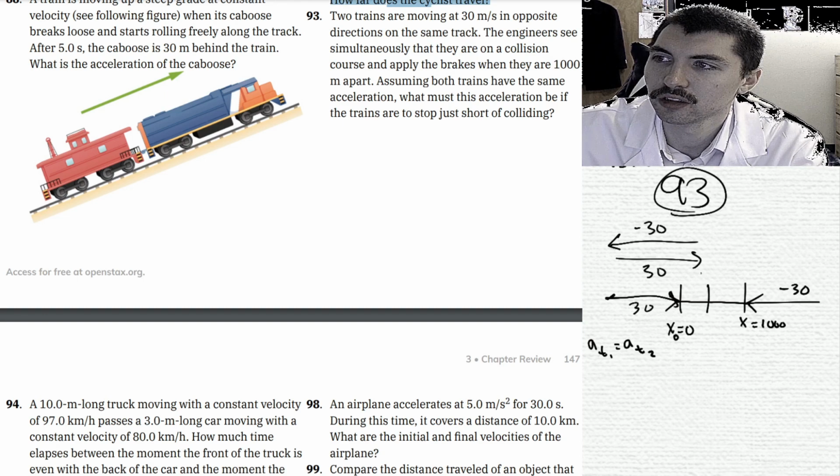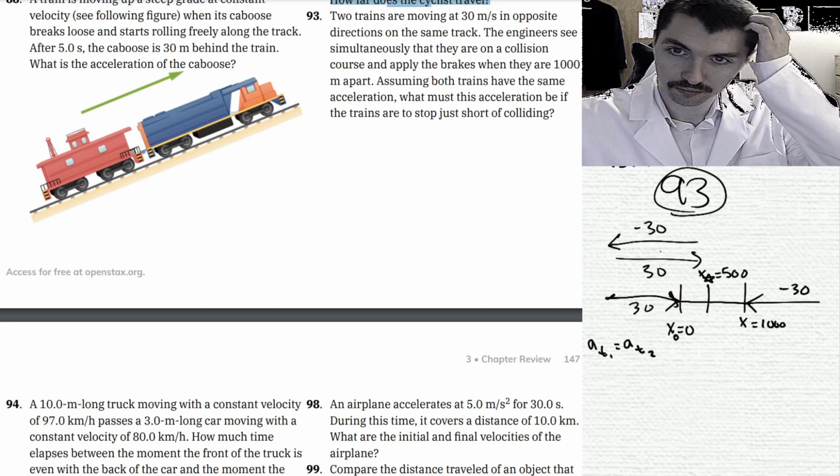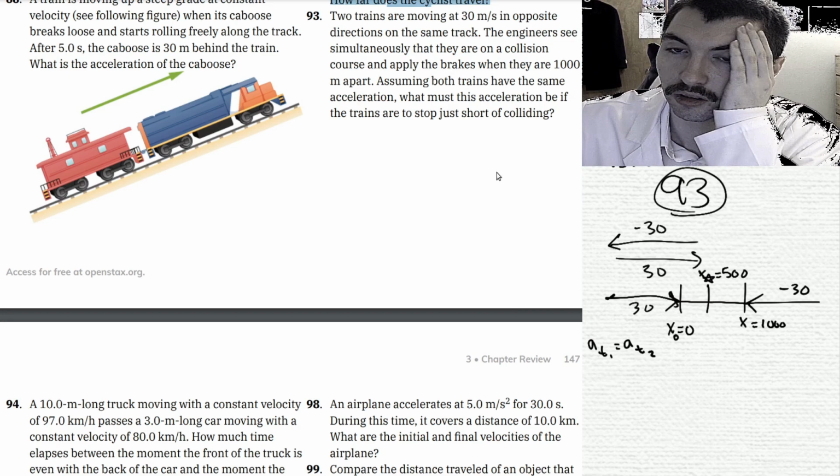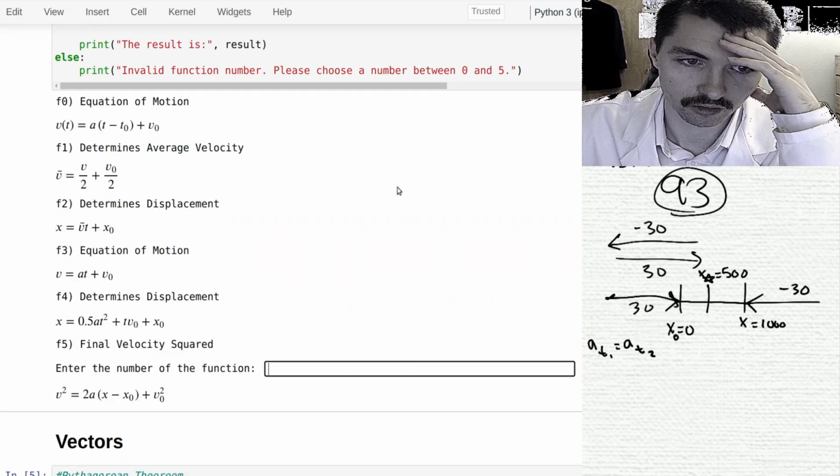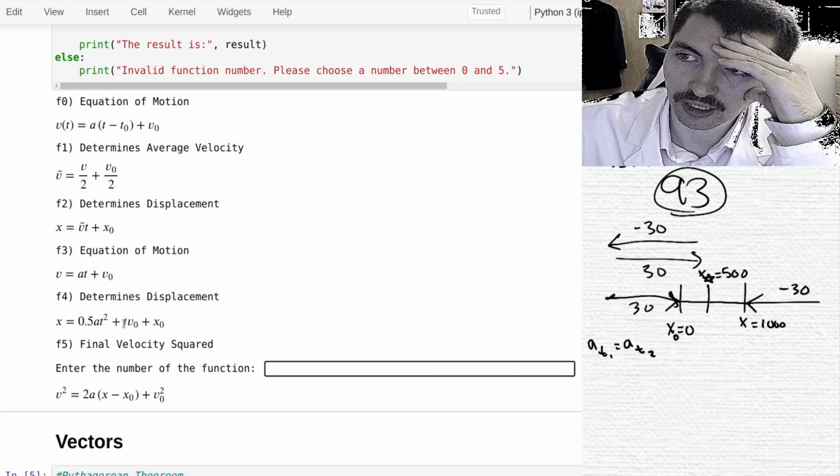So really, we want to find x, let's just say x star is 500 meters. Okay, so we want to find A.